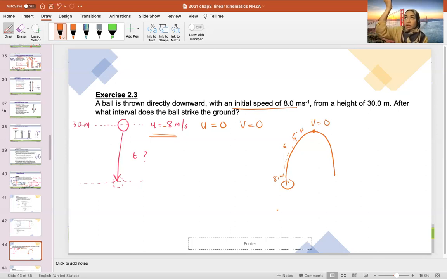Imagine we throw a ball. It falls, right? Just before it falls, V is equal to 0 and then negative 4, negative 5, negative 6, negative 8 at the same point. Only then do we have this situation of V equals to 0, or V1 equals to U2. This is when your value at the maximum point becomes 0.